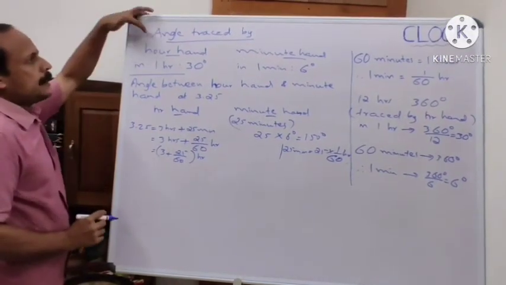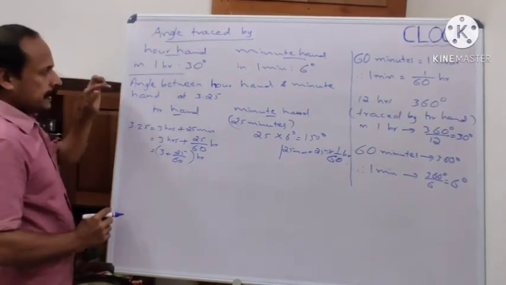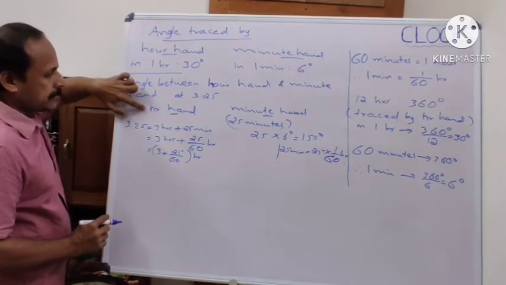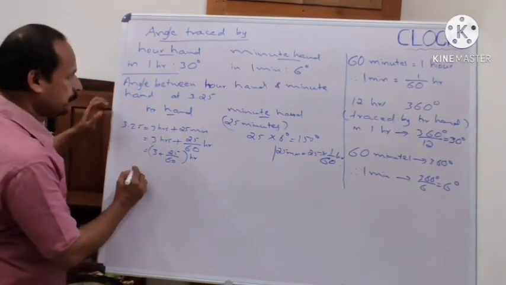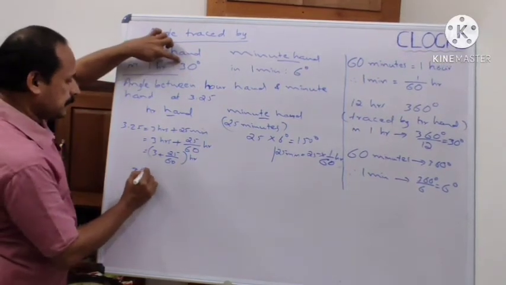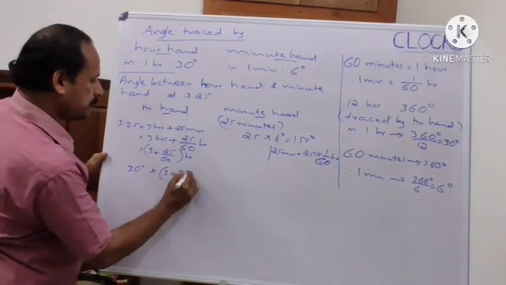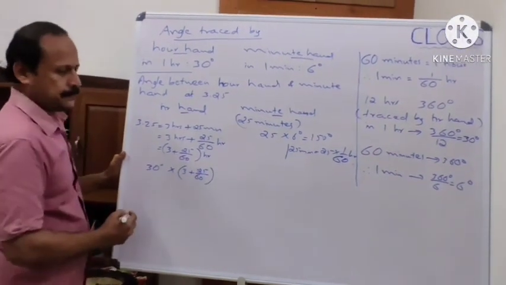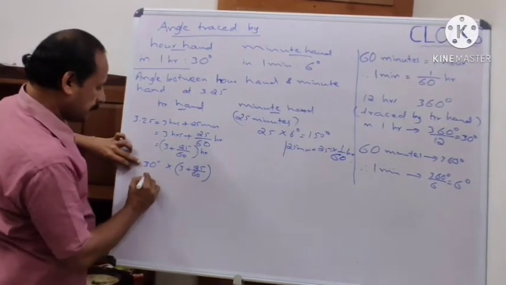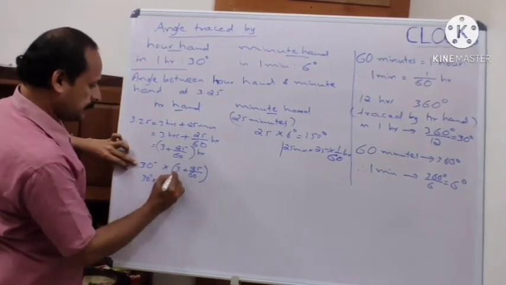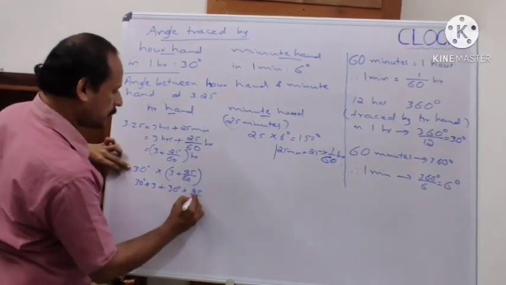And angle traced by hour hand in 1 hour is 30 degrees. Therefore, angle traced by hour hand in 3 plus 25 by 60 hour is 30 degrees into 3 plus 25 by 60. Expand this, it is equal to 30 into 3 plus 30 into 25 by 60.